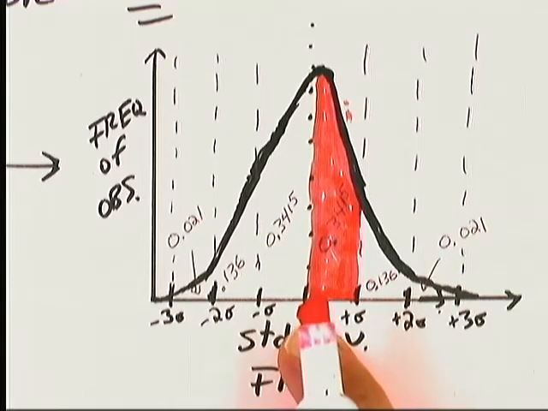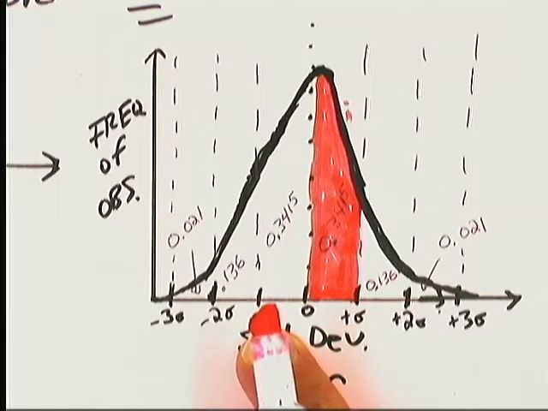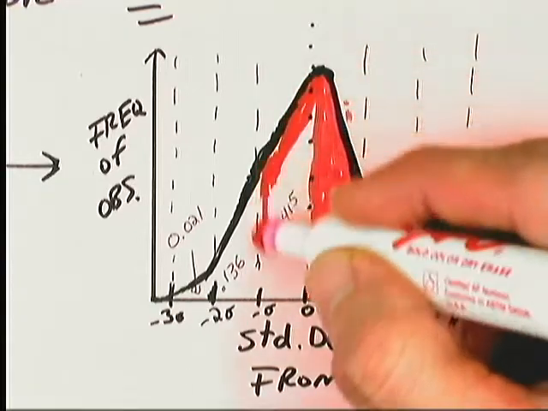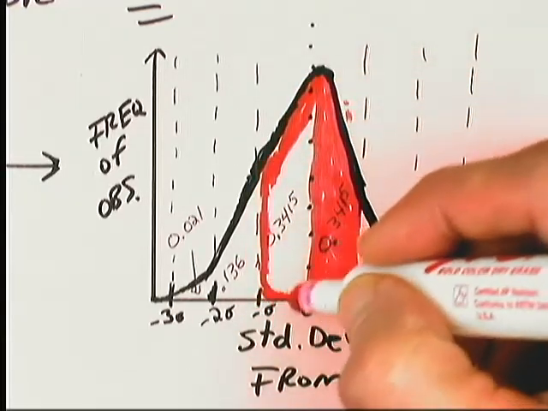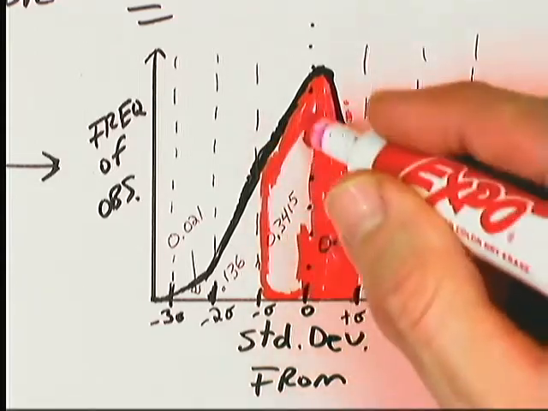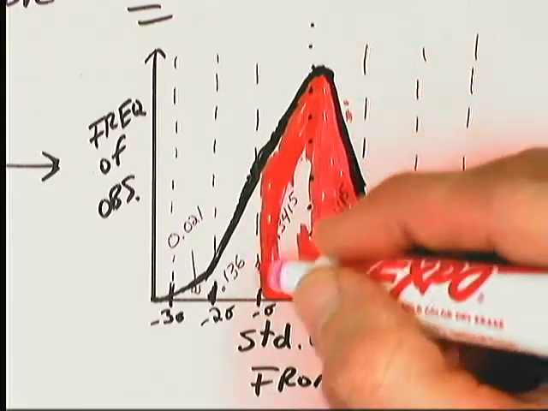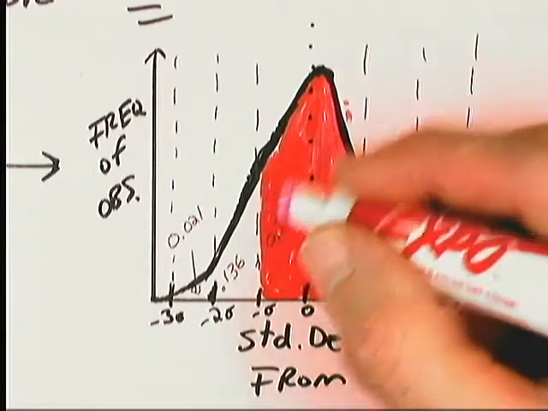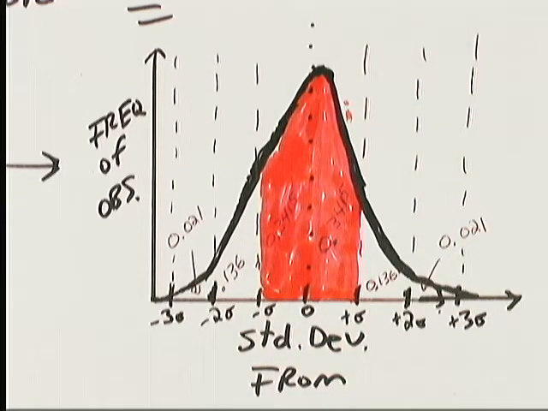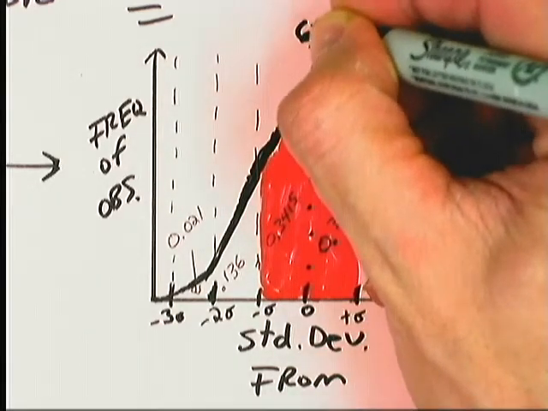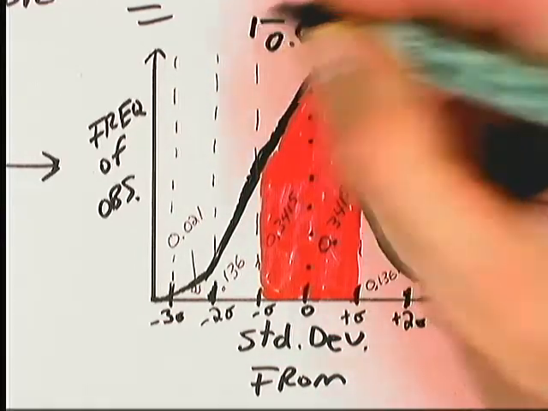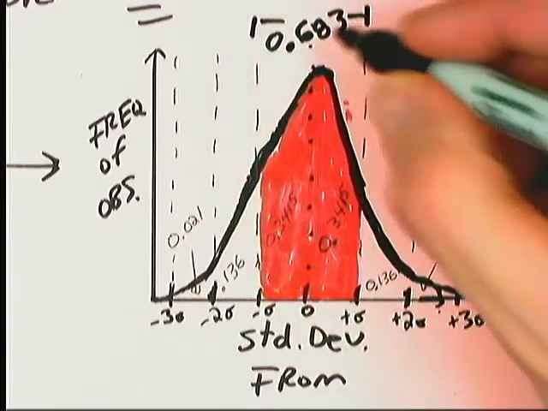I can extend this between 0 and minus 1 standard deviation if I like. And if I do that, guess what? Another 34.15% of data is there. Or as a fraction out of 1, it's 0.3415. So in this area, plus or minus 1 standard deviation from the mean, I can account for a fractional 0.683 of all data points, which also corresponds to 68.3%.